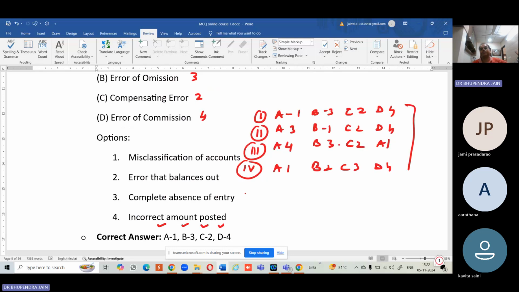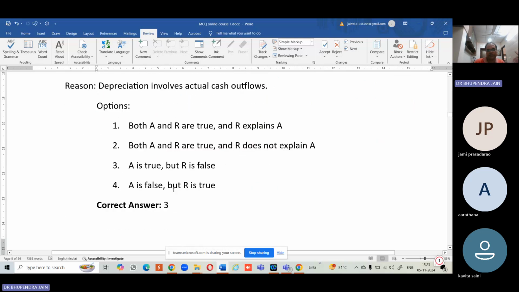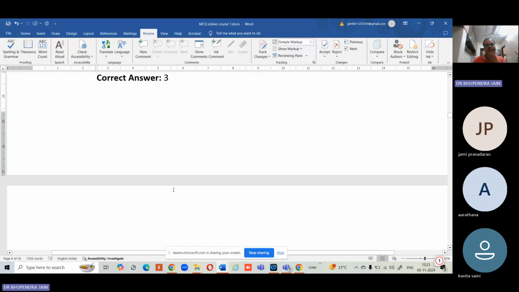Suppose 4 option is given. So correct answer is this one. A1, B3, C2, and D4. This type of question may be asked. So I just forgot the exact option.